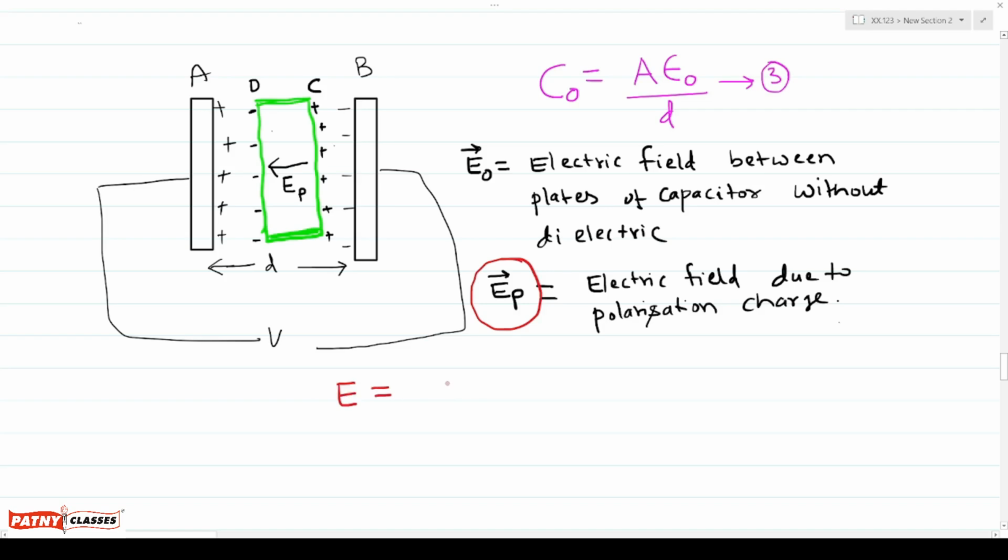The resultant electric field between the plates is given by the magnitude of E naught minus the magnitude of EP. So E equals E naught minus EP. Call it equation number 4.